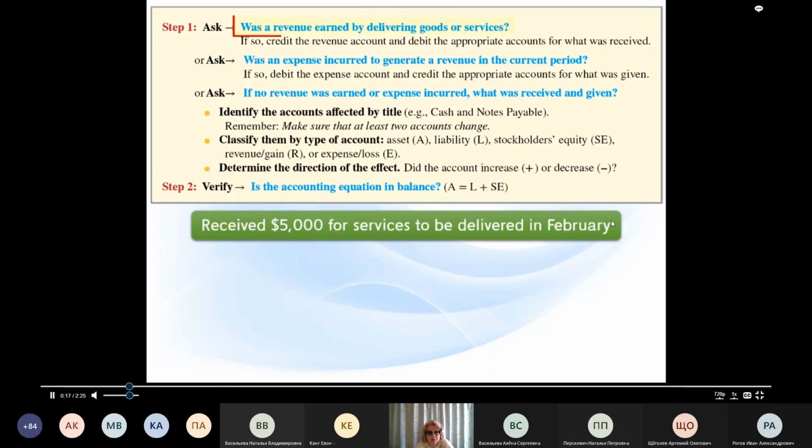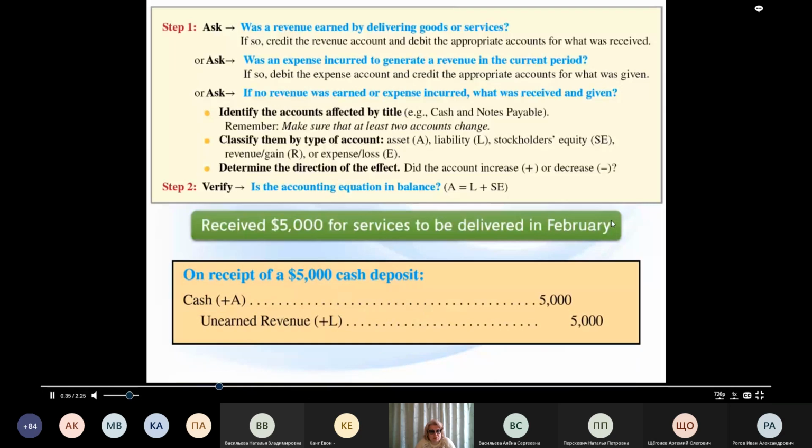Let's start by asking whether or not a revenue was earned by delivering goods or services, or an expense was incurred to generate revenue in the current period. Since the answer is no, let's ask what was received and given. The company received cash and gave a promise to deliver services in the future. The entry includes a debit to cash to increase that asset account, and a credit to unearned revenue to increase that liability account.